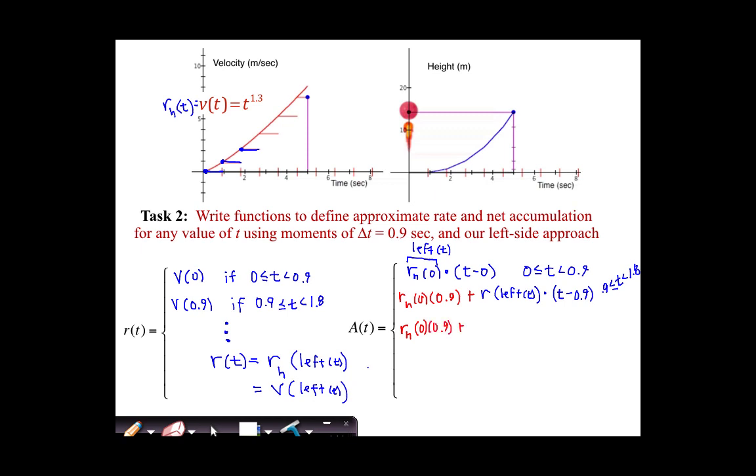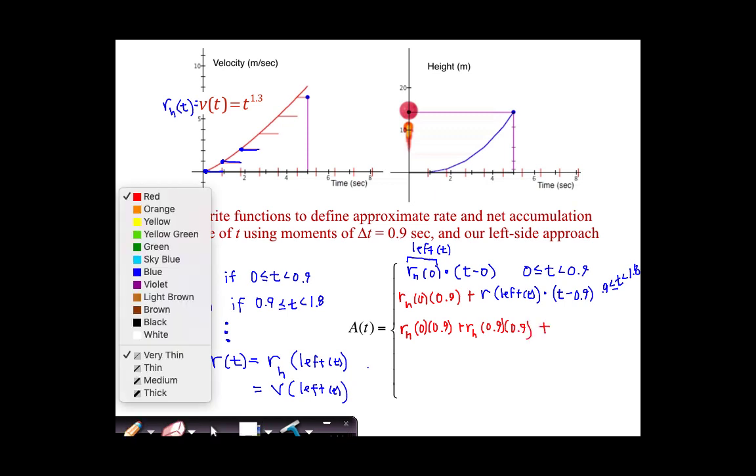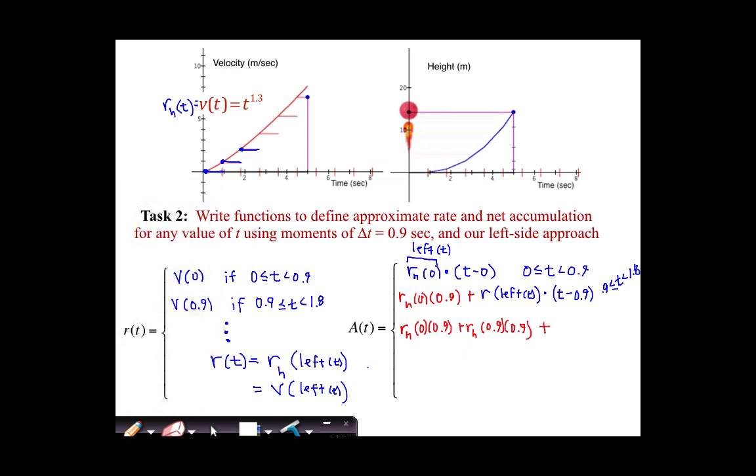And for the full second interval, I use the rate at 0.9 for that 0.9, plus, I'm going to write this on the next line because it's too much stuff to write. If I'm in this third interval, I'm going to use the rate from the left end of the interval I'm currently in, times how far I am into this interval. How far is t past the beginning of the interval, 1.8. So this is the third piece. I've got 2 full intervals plus what's going on in the third interval.